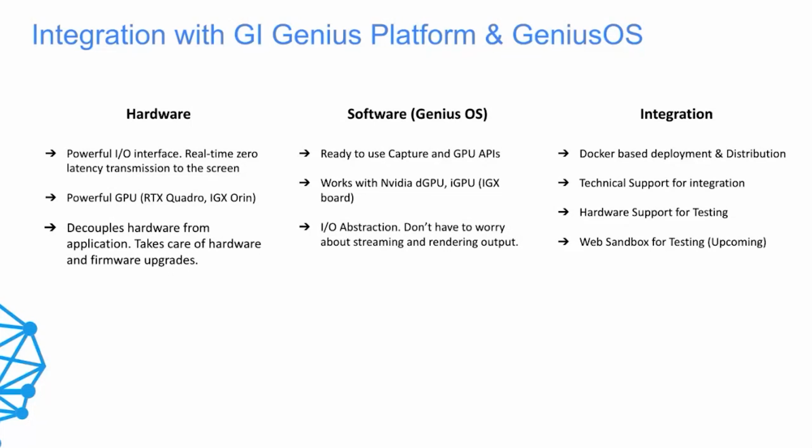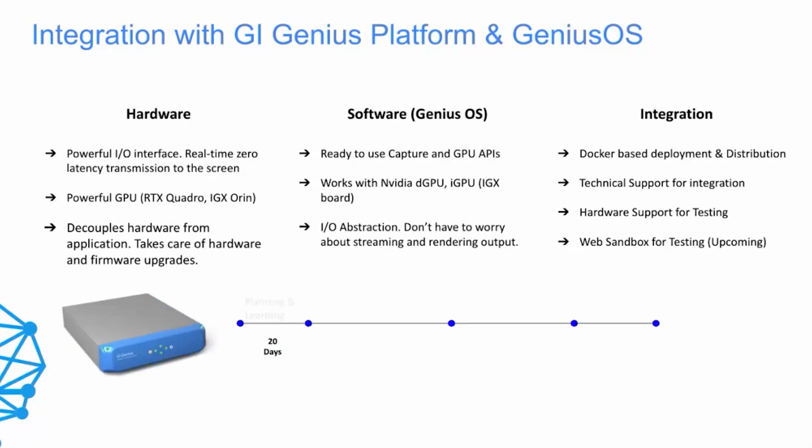In terms of integration, I think we have already talked about this, but the Docker-based deployment and distribution, they do provide technical support as well for integration and a web sandbox for testing. Overall, it took us 20 days for ramping up on Holoscan and 30 days to implement our pipeline.